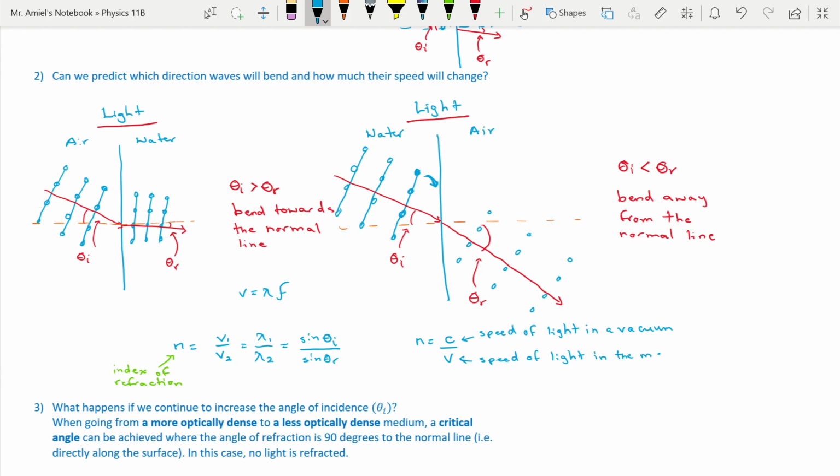And that will give us the index of refraction for that medium.